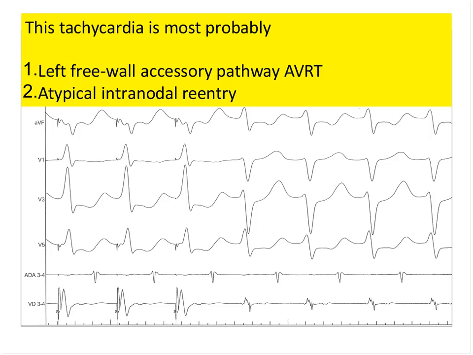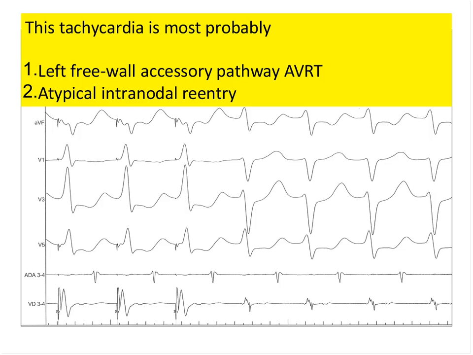Why is that? Because we are pacing far away from the entrance site to the circuit, which is the accessory pathway. However, if we change the pacing site, we could now pace closer to the entrance to the circuit, which is the ventricular insertion of the accessory pathway.